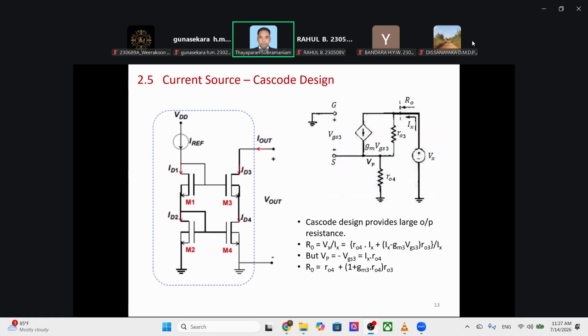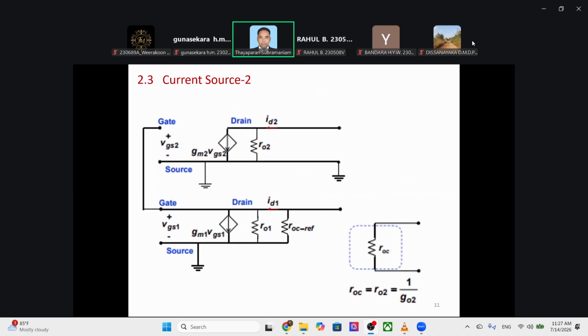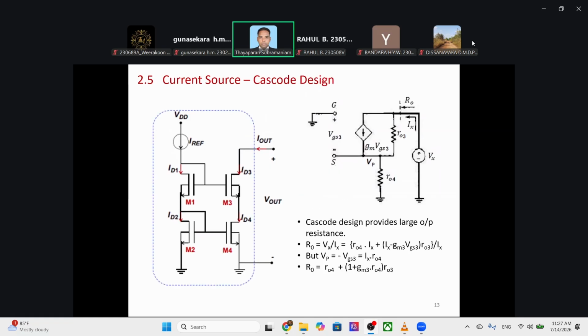Okay, here, cascode design. If you look at earlier, the output impedance becomes R out 2, which is very similar.